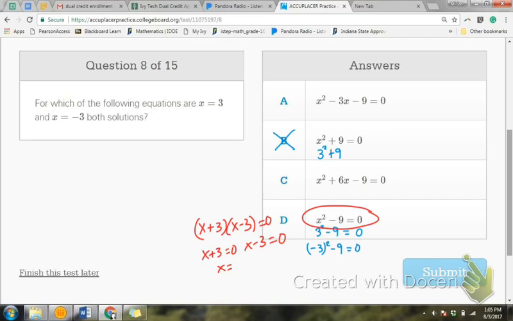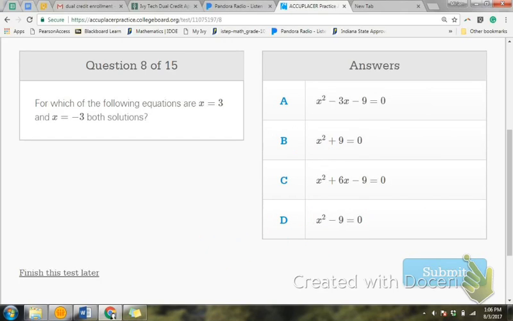You get a positive 3 and a negative 3. So you can either choose to factor these, or you can plug in. And again, the ACCUPLACER is not timed, so you can take as little or as long as you want on that. Again, could be the difference between $600 and not having to take a math class. Just throwing that out there.